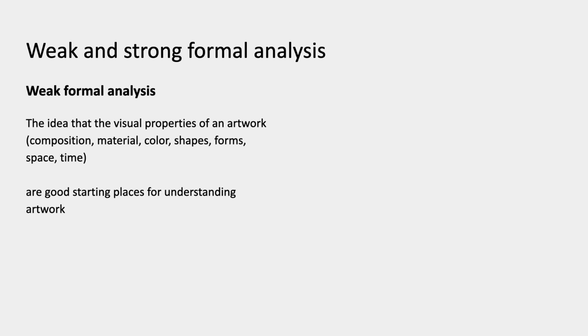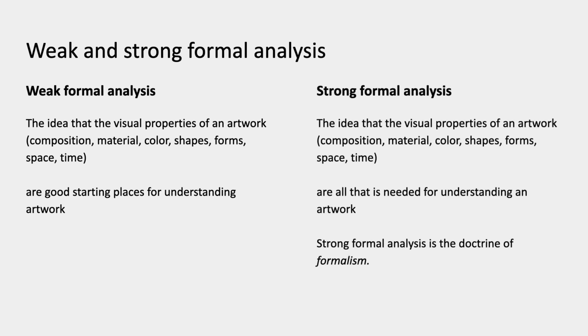There are a couple of different ways that people have tried to classify kinds of formal analysis. One of the more useful is this one, just into weak and strong. So weak formal analysis is the idea that those visual properties of artwork, the composition, the color, shapes, forms, and so on, that those are really good starting places for understanding artwork. Any artwork, your own, other people's, an art historical piece. Strong formal analysis would be if you think that those same elements are basically all that you need for understanding an artwork.